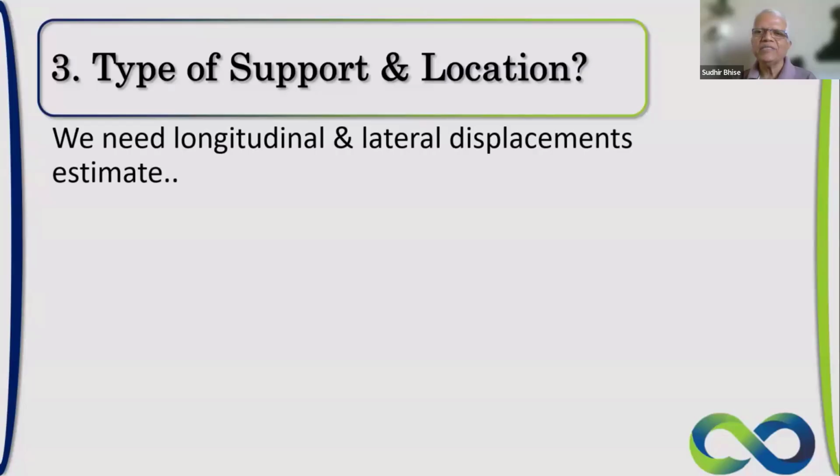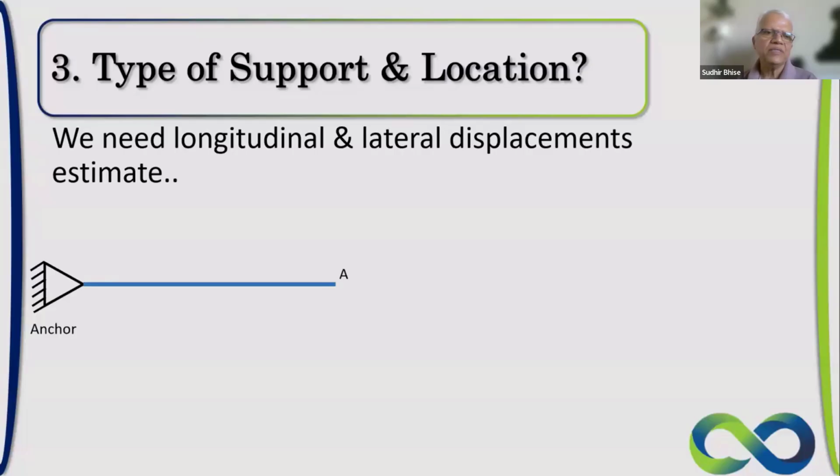So our main task is that we need the longitudinal and lateral displacements. We'll use the longitudinal and lateral displacements to estimate the location in such a way that for a particular location, we know the displacement at any given point.